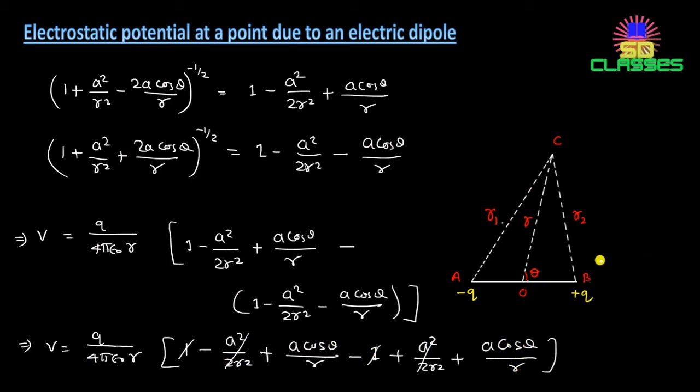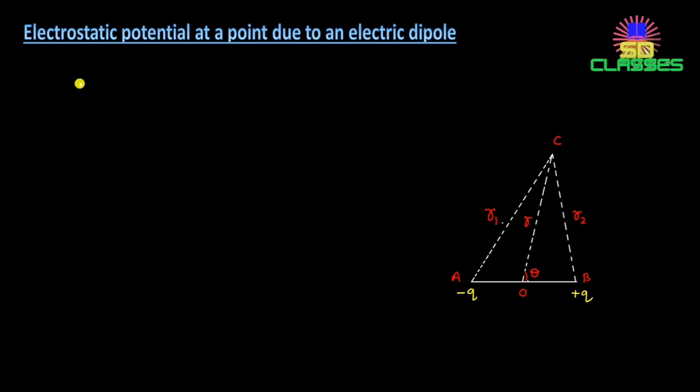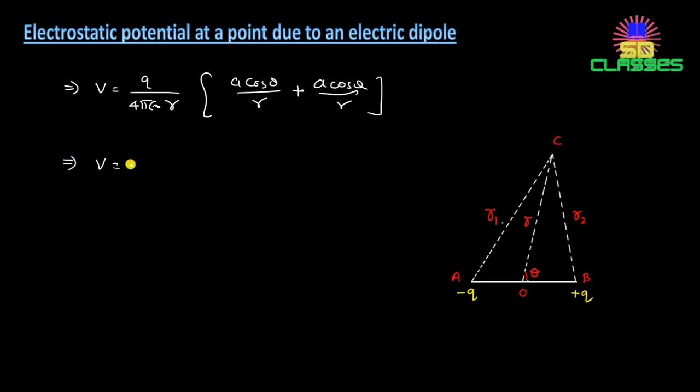So I can write V equal to q by 4 pi epsilon, a cos theta by r plus a cos theta by r. So this will be equal to q by 4 pi epsilon, 2a cos theta by r.